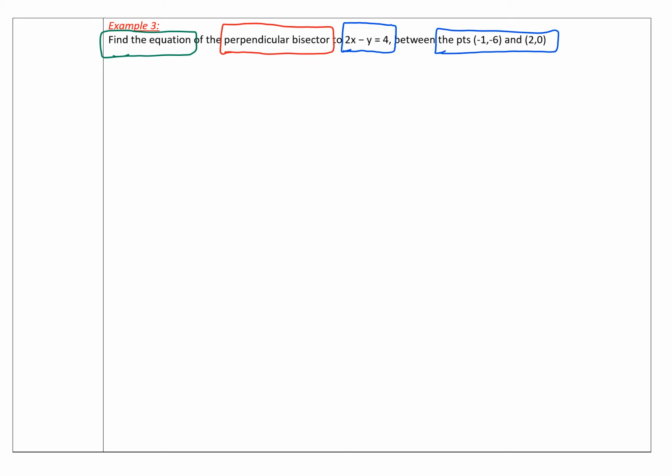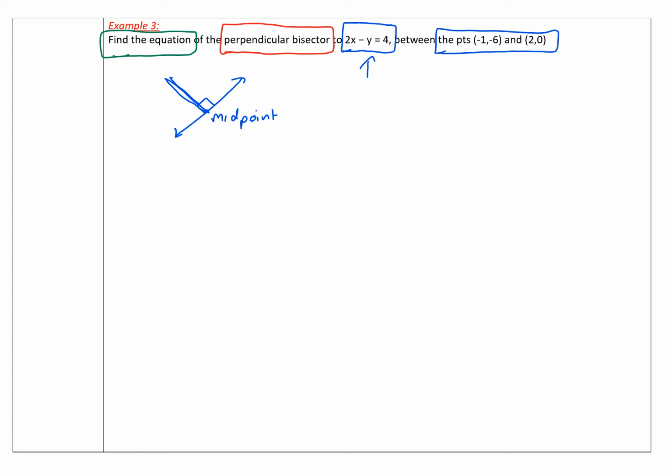Now a perpendicular bisector is a line that hits the midpoint of another line at a right angle. So what we need to know is that the line passes through the midpoint and is perpendicular to that graph there.